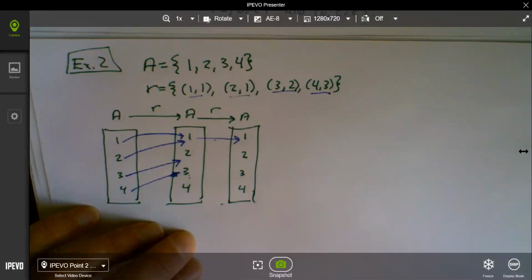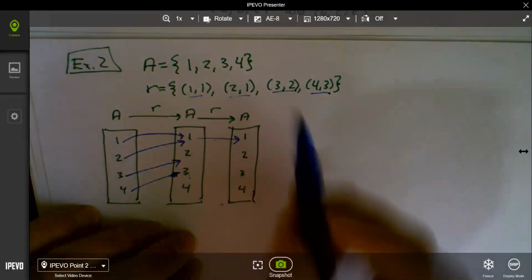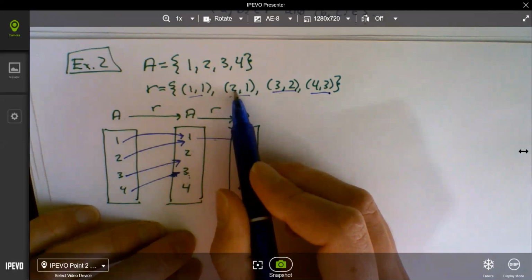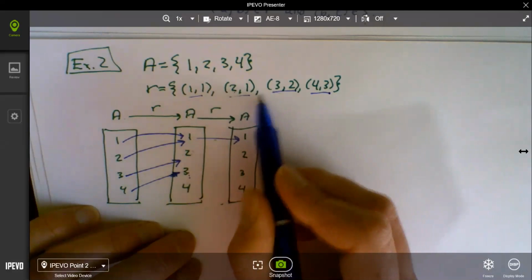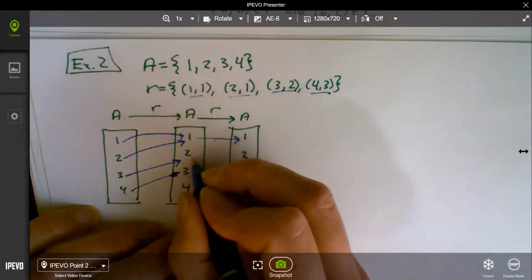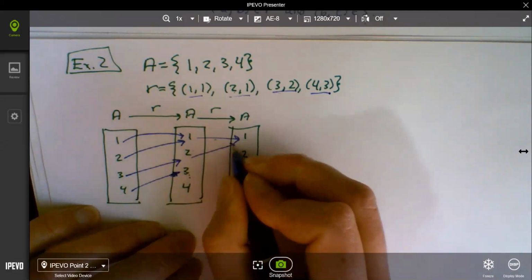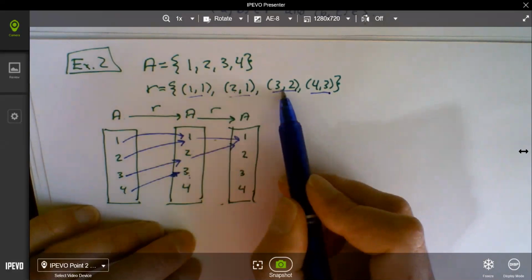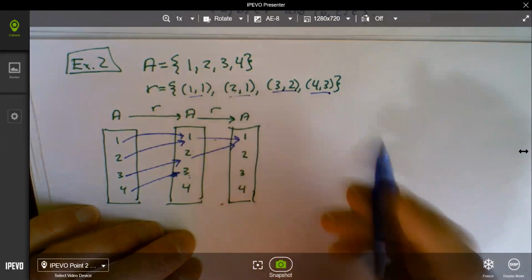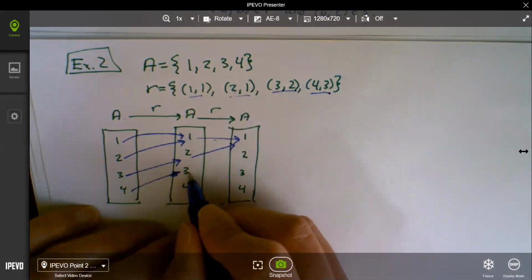So we're going to draw an arrow from 1 to 1. And relation R says if you're at 2, map to element 1. So we're going to draw an arrow from 2 to 1. The third element in relation R says if you're at element 3, map to 2. So we're at 3, and we're going to draw an arrow to 2.